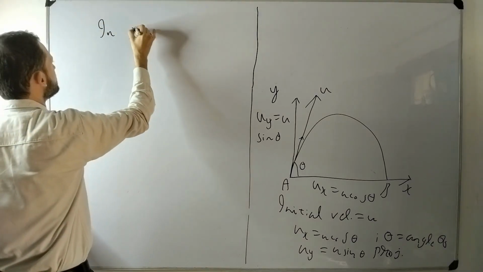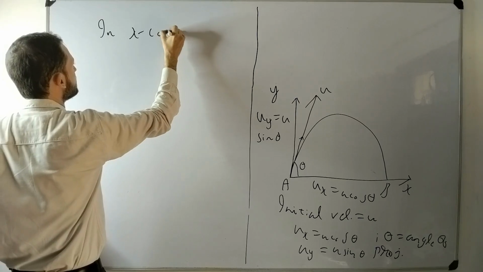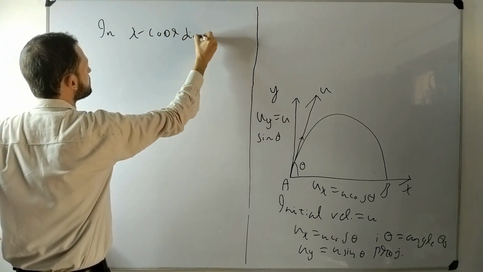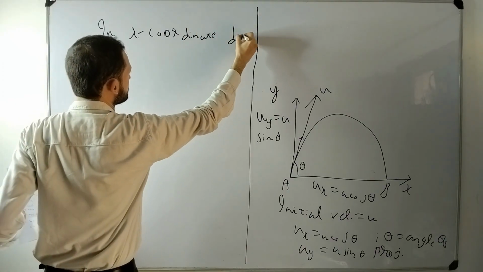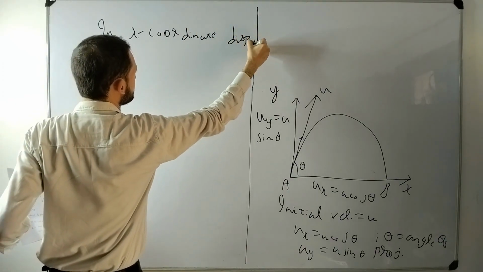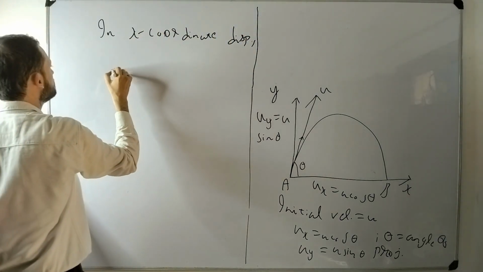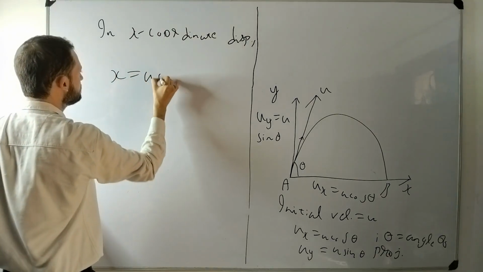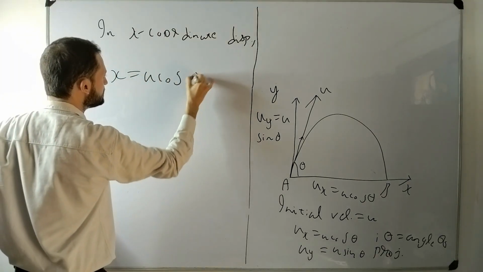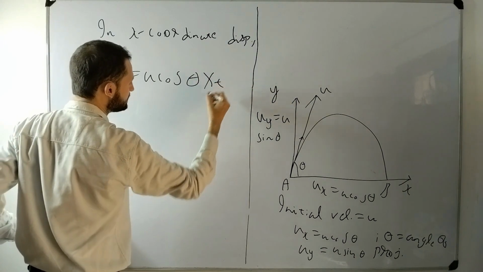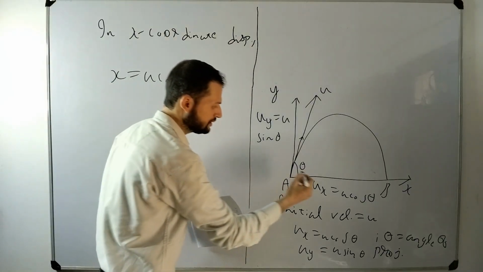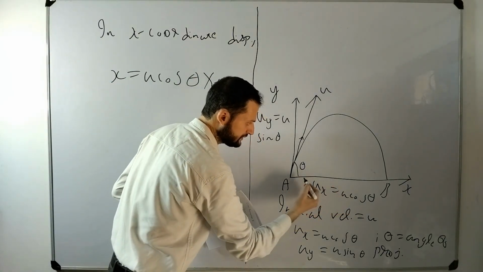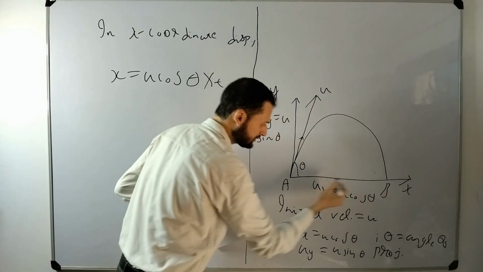So the next part becomes, in x coordinate terms, in x coordinate displacement, x is equal to u cos theta t. Right students? See here, u cos theta is the x-direction velocity, no?